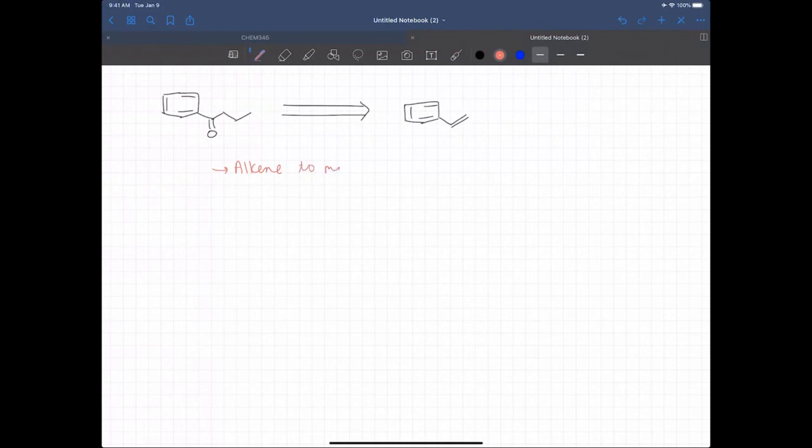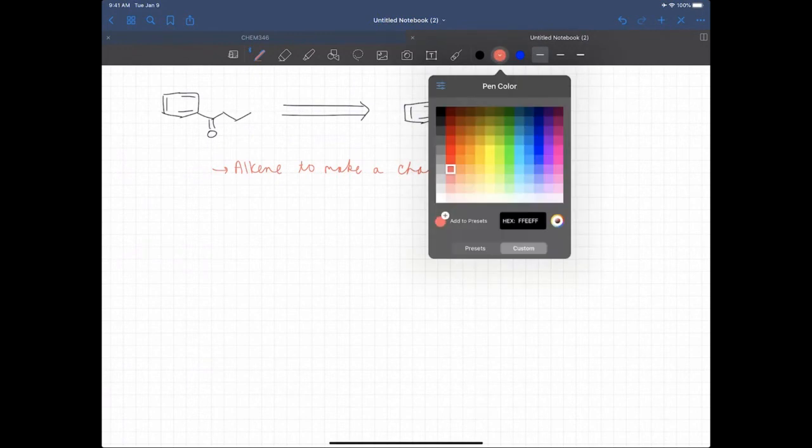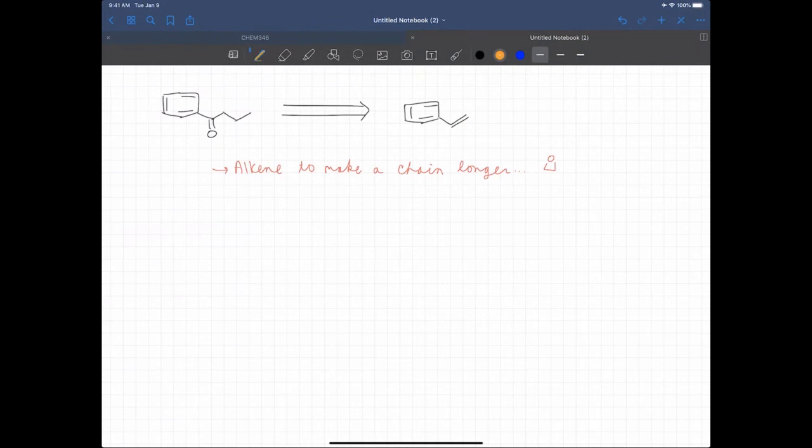Alkene to make a chain longer. That kind of gives you a hint, right? Whenever you see alkene, this guy comes out to play. You have to put in an epoxide, probably. What else? Do I need to oxidize anything at any point?